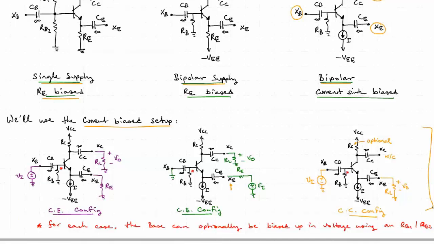And then lastly, we have the common collector on the right. There the input is back to being the base, and the output now is taken at the emitter rather than at the collector, and there is no connection to the collector terminal XC.